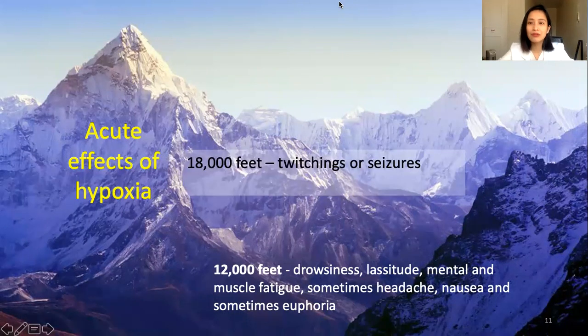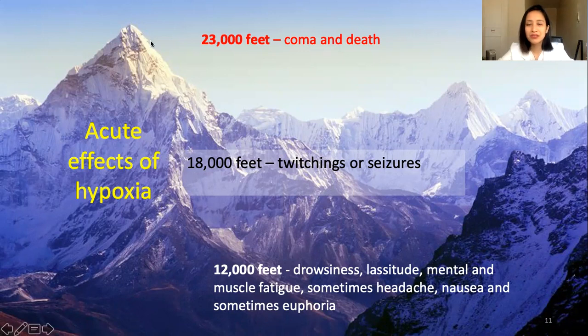When you go higher up at 18,000 feet, you would experience twitching or seizures, and at 23,000 feet, at the peak of Mount Everest, you can experience coma and death. So if you are not well trained when you go extreme mountain climbing, you can die, okay?